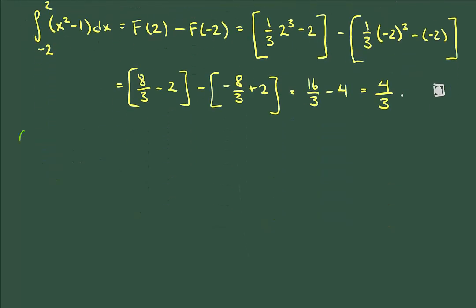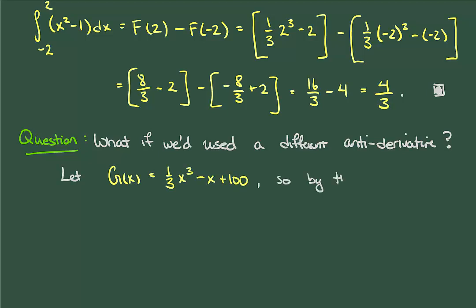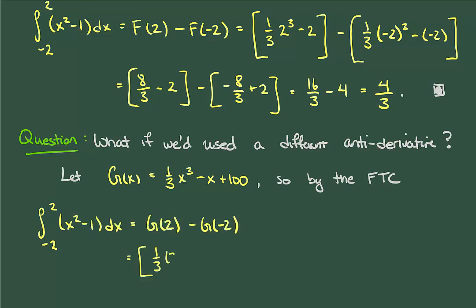Now, we know that antiderivatives aren't unique, so a good question to ask at this point is what would have happened if we had used a different antiderivative? Well, let's try it. Let's take big G of x to be the same antiderivative as above, but let's add 100 to it. Using the FTC in the same way as above, we compute G of 2 minus G of -2.